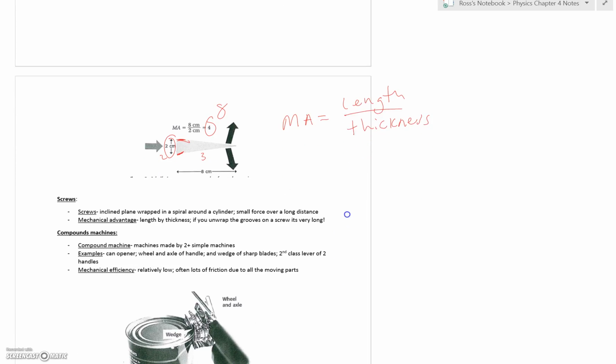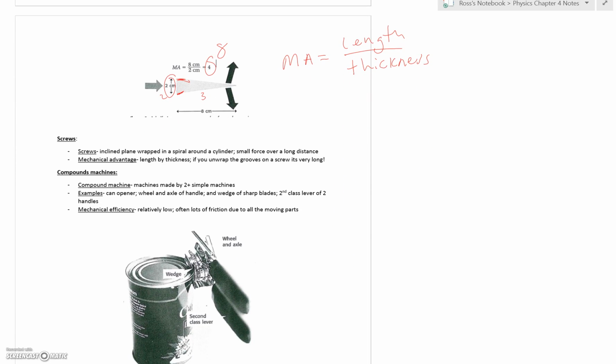So a screw is something we already talked about, right? Here's my wonderful picture of a screw that's going to go into a wall, and you've got those little twists around it. Once again, you divide the length by the thickness. The length of that is going to be, you take that swivel, the actual screw, the grooves, and if we took that and stretched that out, it would actually be this long.